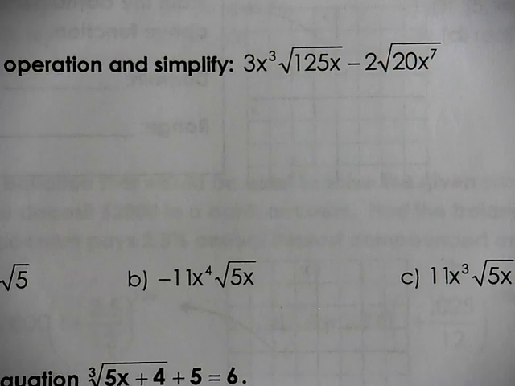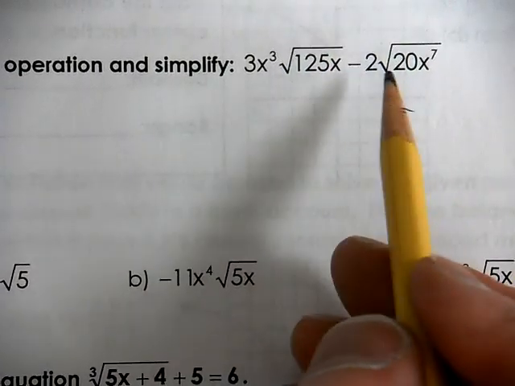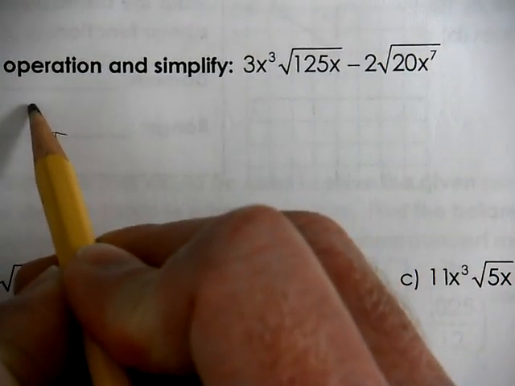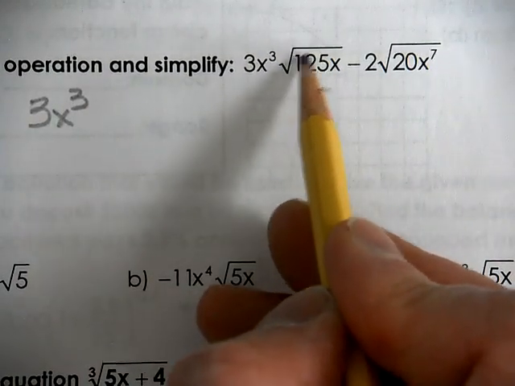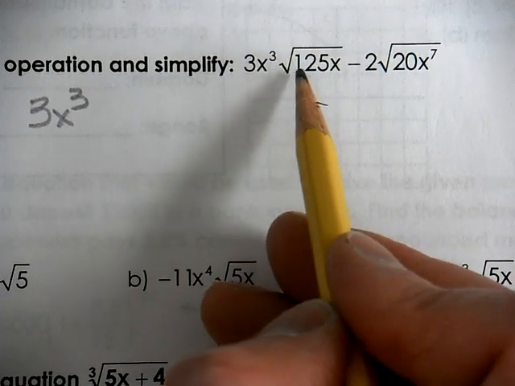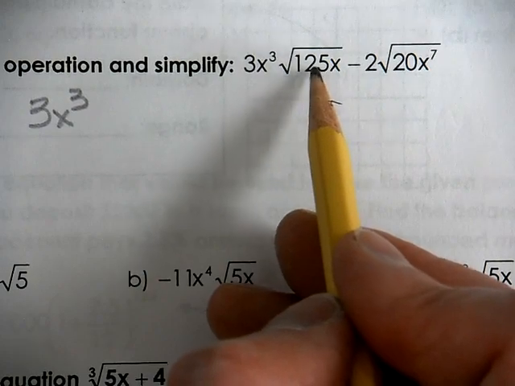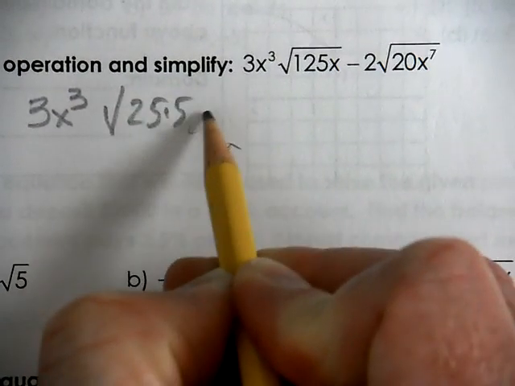Just like we did in the previous problem, we cannot subtract these unless the radicals are the same. So I've got 3x cubed. Now this is the square root. This 3 is not saying it's a cubed root. It's not close enough. So this is the square root. Well, 125 is 25 times 5.